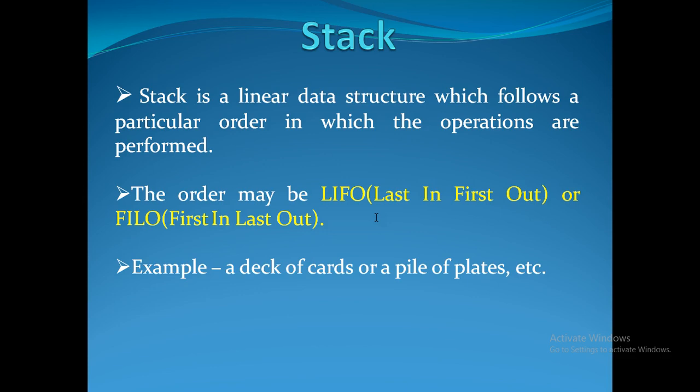For another example, consider bangles in a lady's hand. Removing or inserting a bangle can be done only through one end. Then the coins in a tumbler: we have only one way of doing this operation.